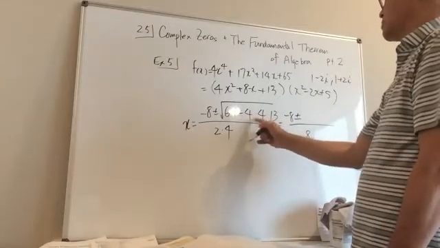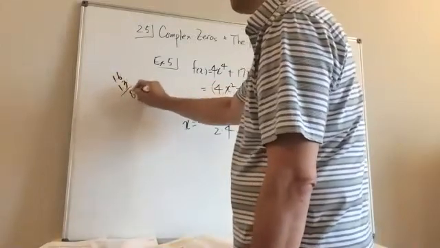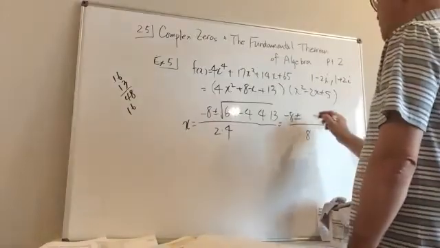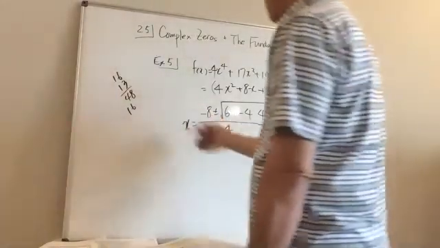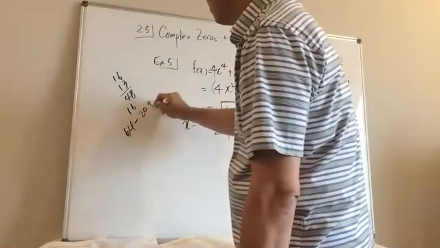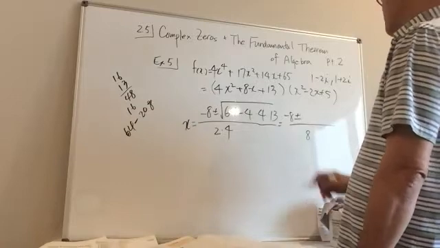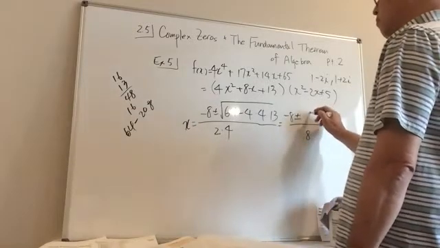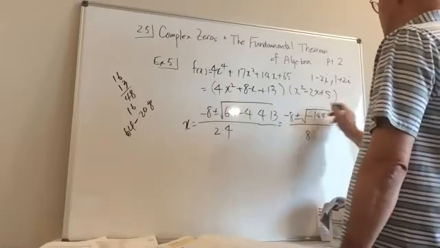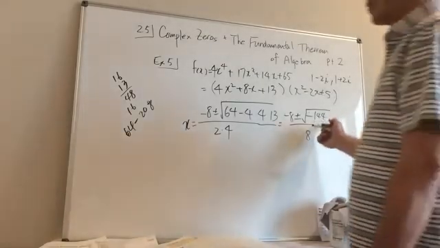I get 16 times 13, so it's going to be 208. So 64 minus 208 is going to be what? Negative 144, looks like. 144 is familiar. That's 12 squared.